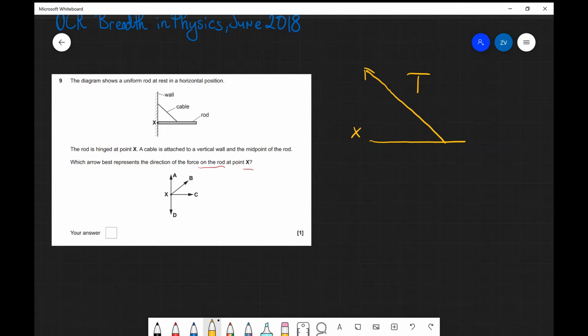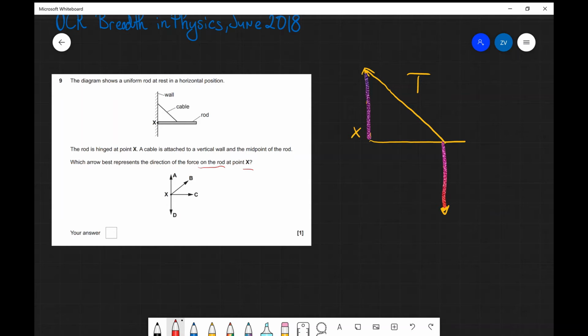Now this provides some tension. So this tension is going to have some vertical component, which will actually cancel out the gravitational component. So this upward tension vector component is what's keeping this rod from falling down, because this vertical component of the tension is going to cancel out the vertical component of the gravity.